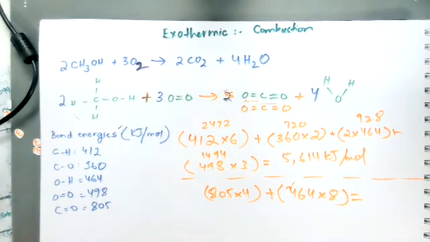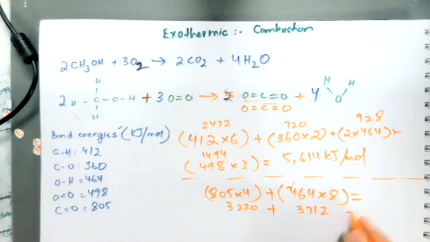and that gives me, so first I'm going to solve the brackets. So 3220, I think it's 6932. So yeah, it's 6932 kilojoules per mole.